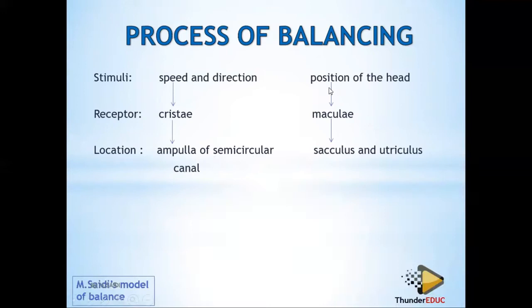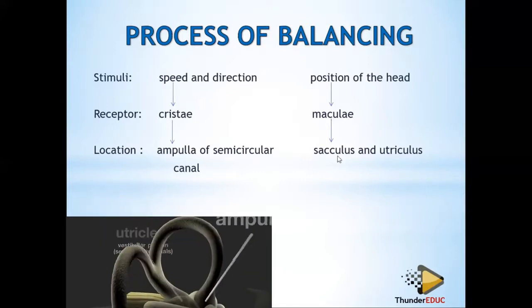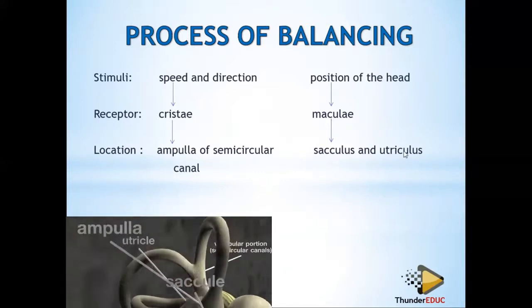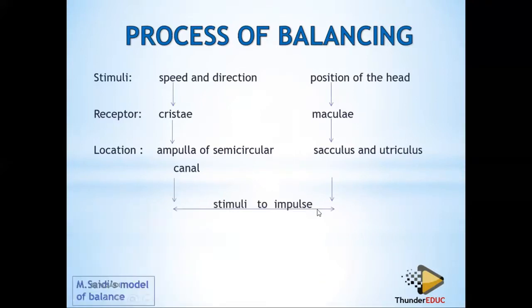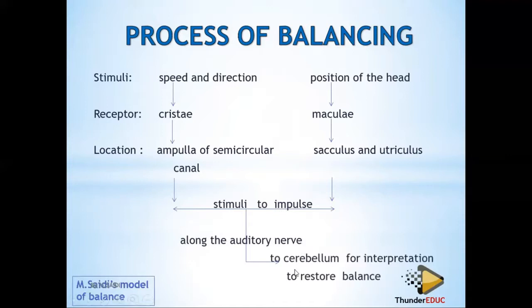Change in the position of the head stimulates the maculae found in the sacculus and utriculus. The stimuli are converted into impulses, and the impulses are sent to the brain along the auditory nerve for interpretation. The stimulus is sent to the cerebellum for interpretation to restore balance.